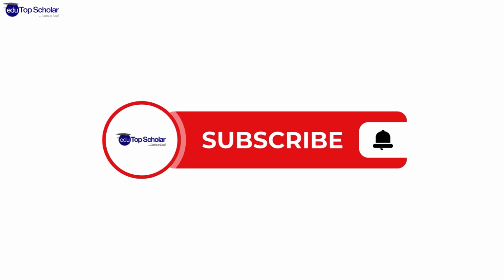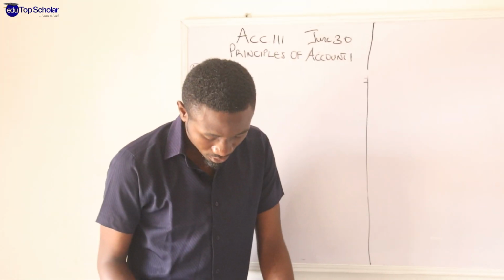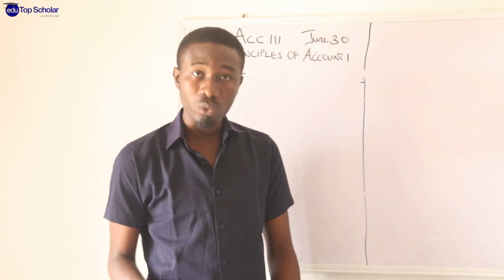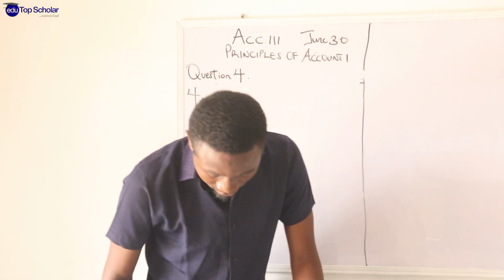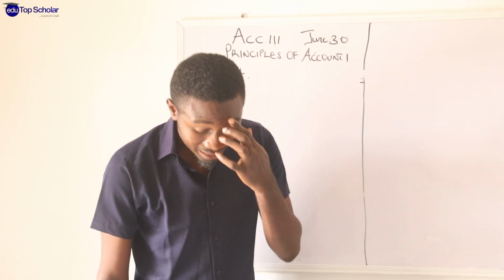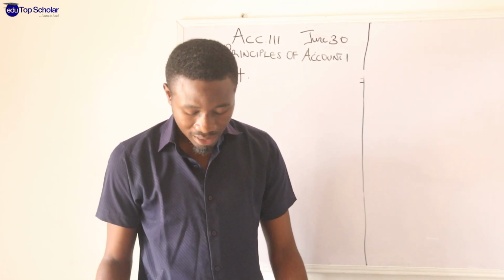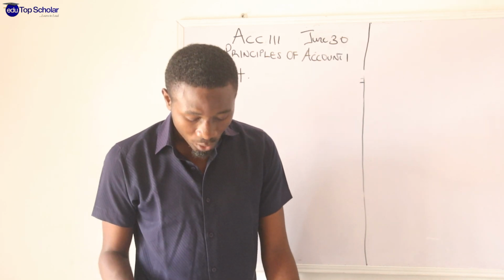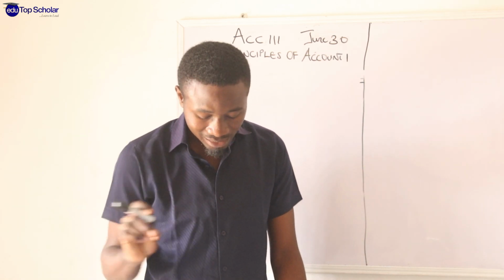So for question 4C, you were asked to prepare an adjusted cash book and draw up a bank reconciliation statement as at June 30th. The question says the cash book of High Rate Limited had a debit balance of 760 naira as at June 2019, but this was not the same as the bank statement at the same date.